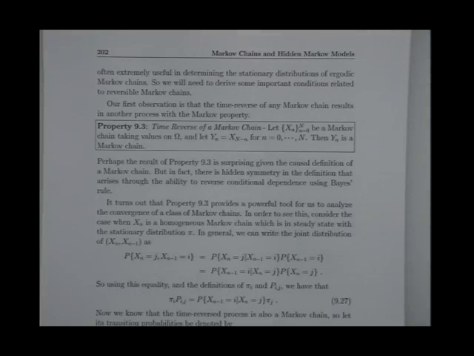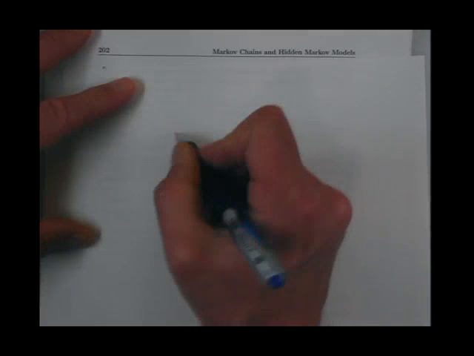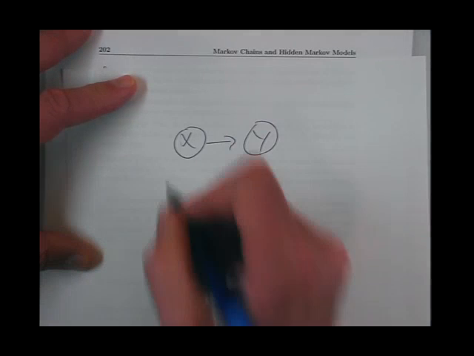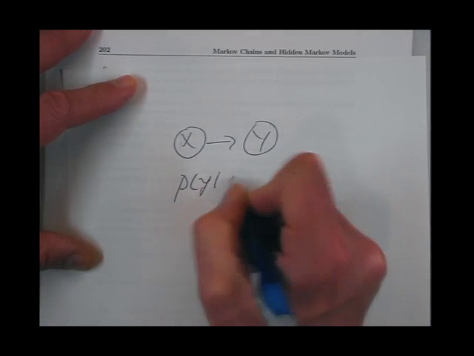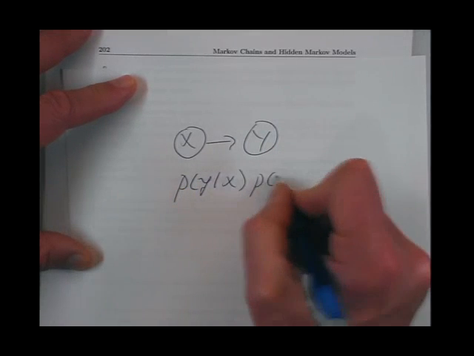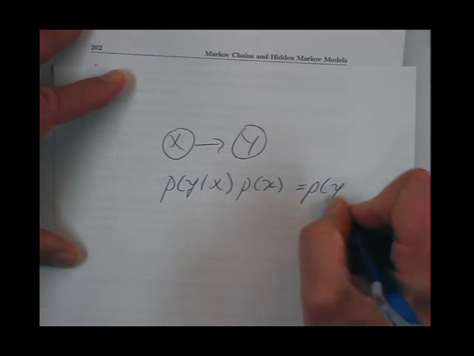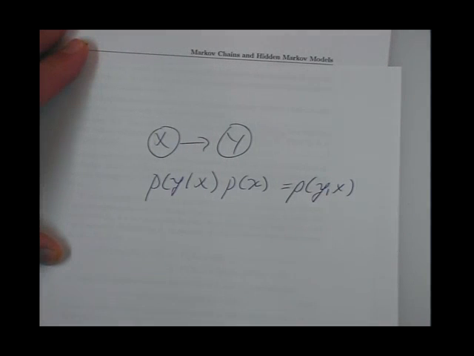But it's related to the following fact, which is also not obvious, that if you have two random variables, x and y, so let's say y is conditionally dependent upon x, and then you can multiply by the probability of x, and that's the probability of y and x. Well, now you know the following thing is true, but it's going to startle you once I say it, even though you know it already. Okay?